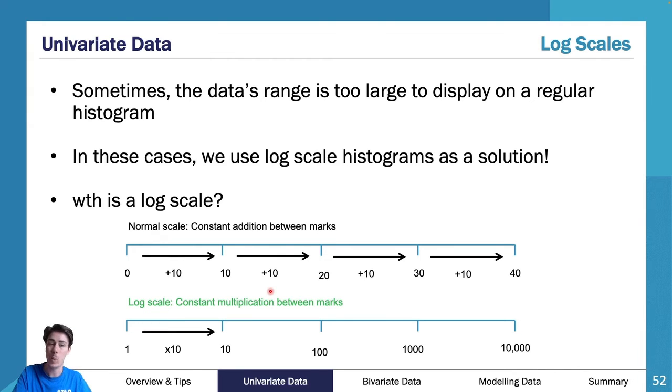So 1 to 10, multiply by 10. 10 to 100, we're multiplying by another 10. If I go 100 to 1,000, I'm multiplying by another 10. So a log scale puts things in categories of 1 to 10, 10 to 100, 100 to 1,000, 1,000 to 10,000. So the intervals are all different sizes.